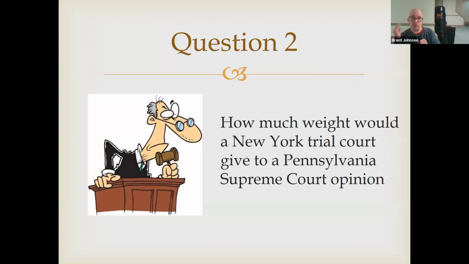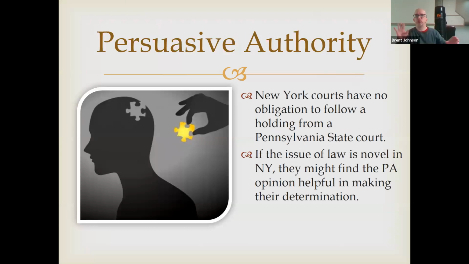So back to weight. How much weight would a New York trial court have to give to a Pennsylvania Supreme Court decision, if any? Carrie. It wouldn't have to give any, it would just be persuasive. Exactly, it would only be persuasive.